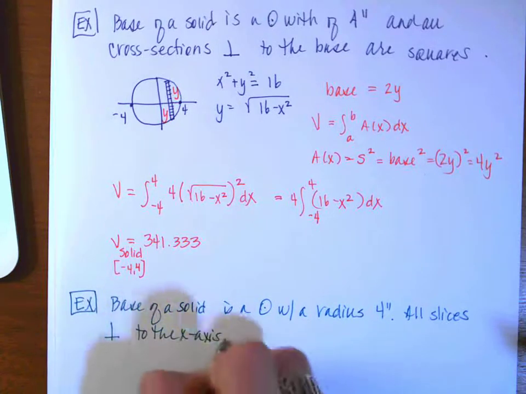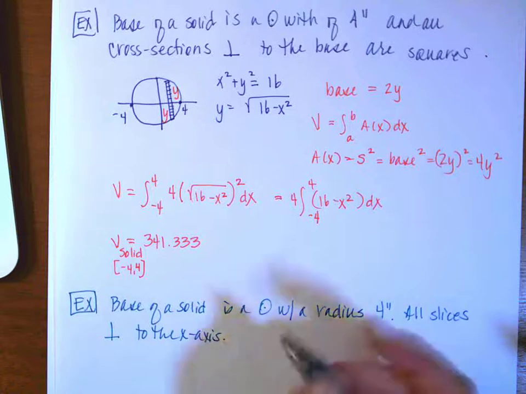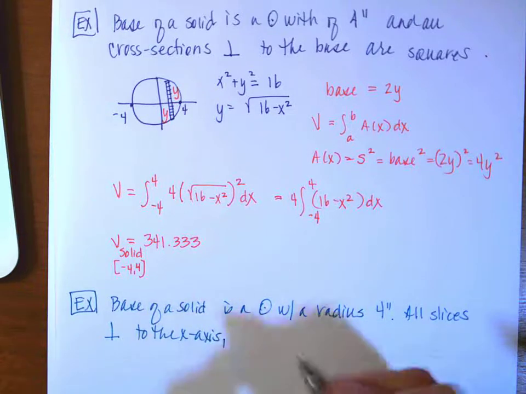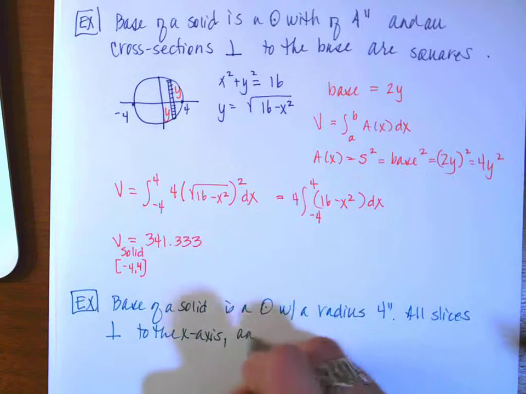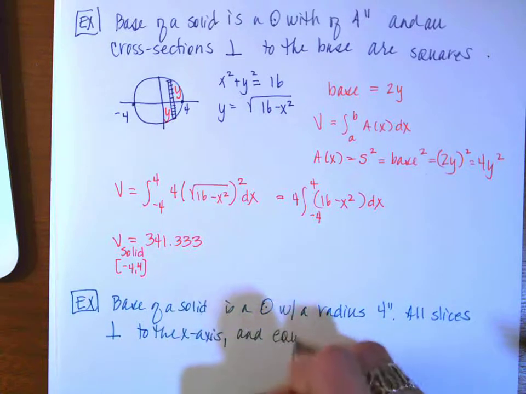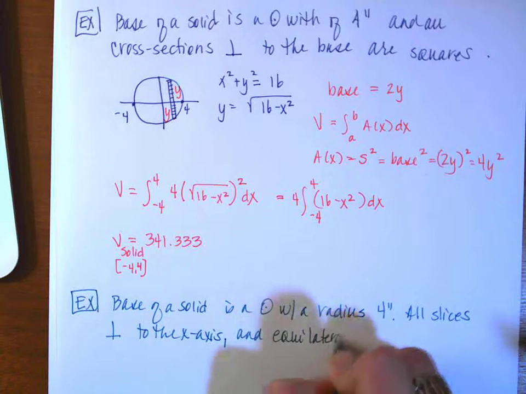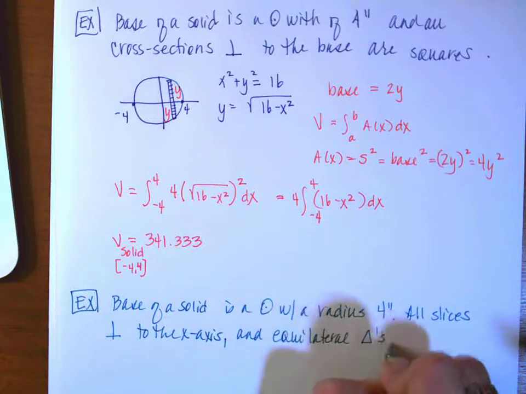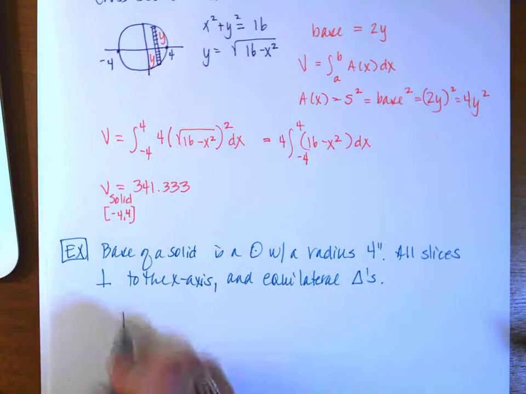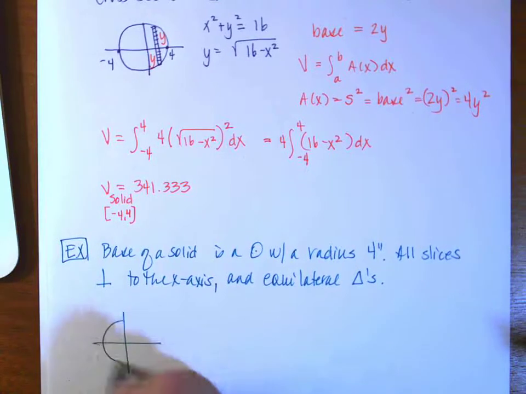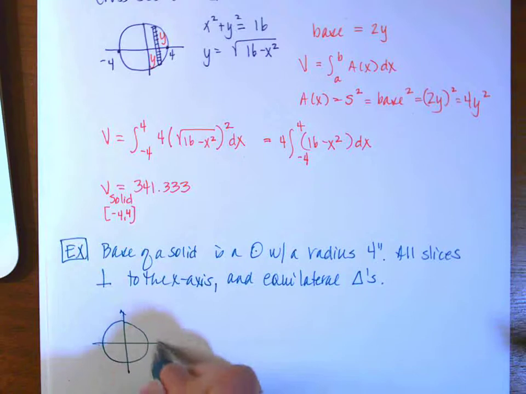All slices are perpendicular to the x-axis, and I'm sorry I have not drawn this for you, but it would just be more confusing than if I actually attempted to. And we're going to know that they are equilateral triangles, so it's better off if we just don't even go there.